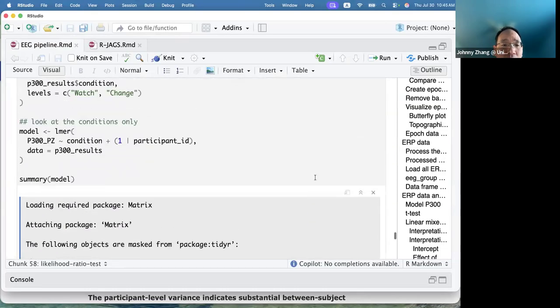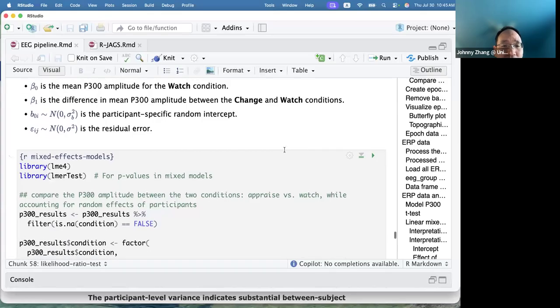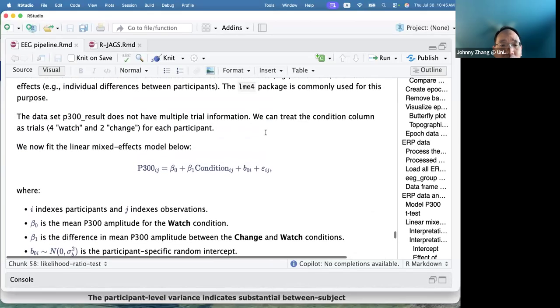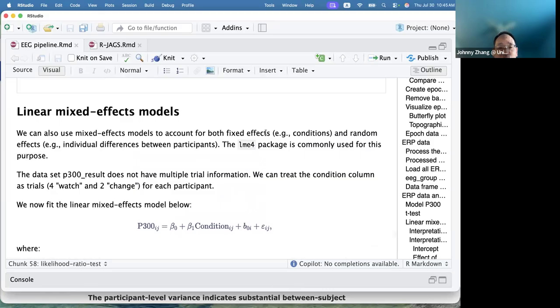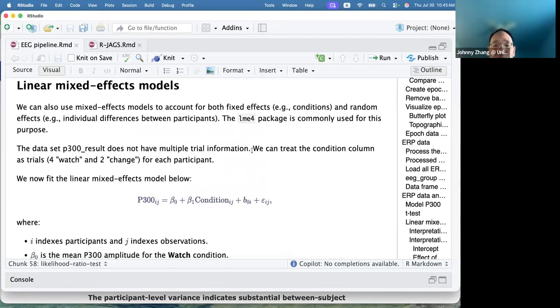Okay. So let's first look at the mixed model. We look at whether there's a difference between the two conditions, but now we take into consideration individual difference. Which means each person may have their own baseline values for the signals.